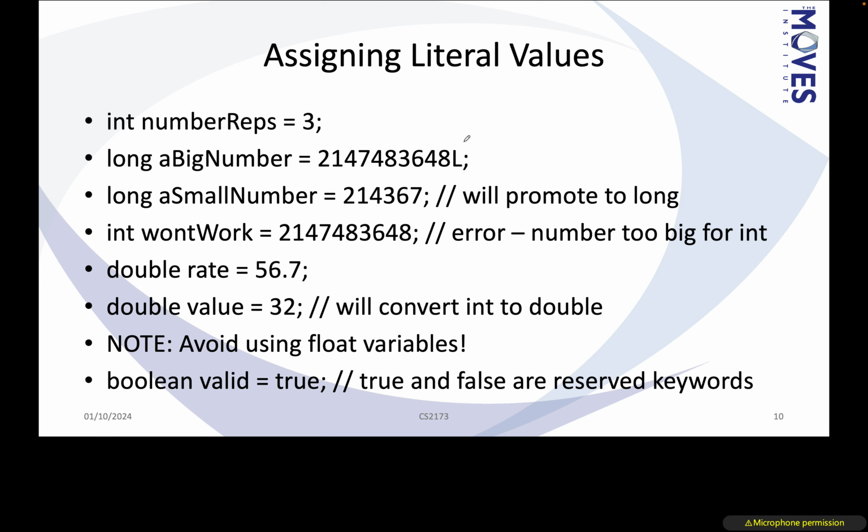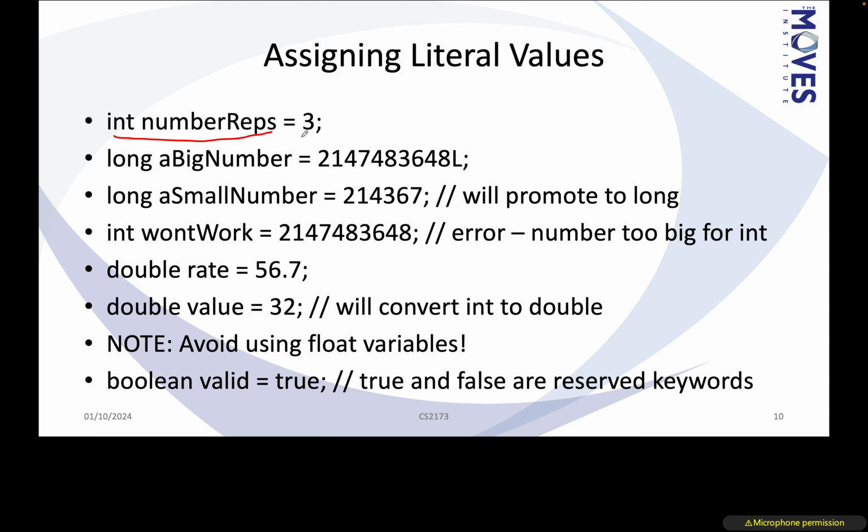Okay, so how do we get these things into these variables? It's important to understand that in each of these lines here, there are actually two things going on. If I get a chance to show some examples, I like to separate them just to demonstrate the fact that there are two things going on. So right here, I declare an int variable called number reps.